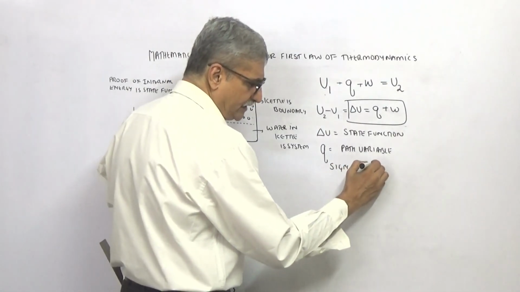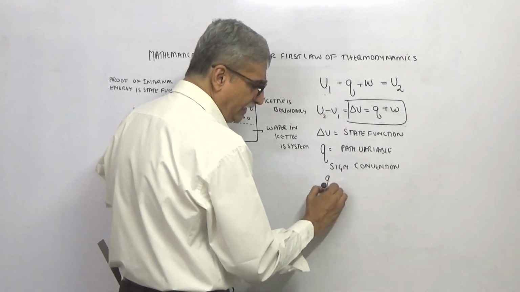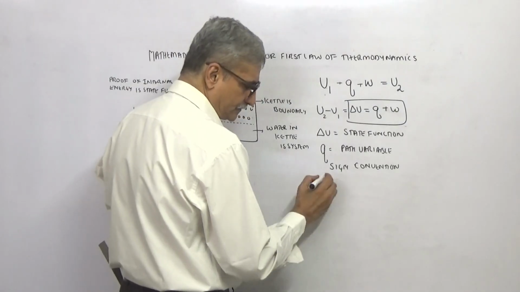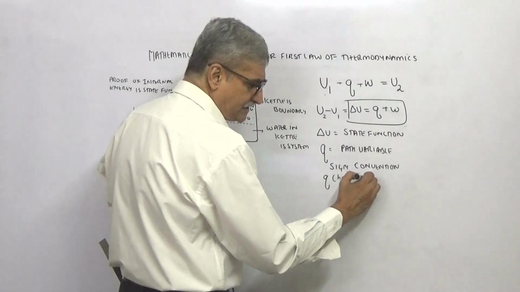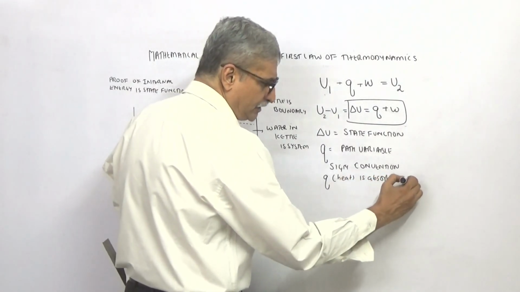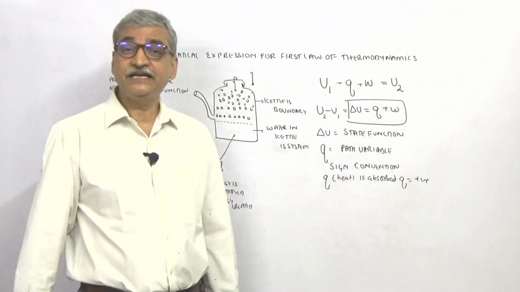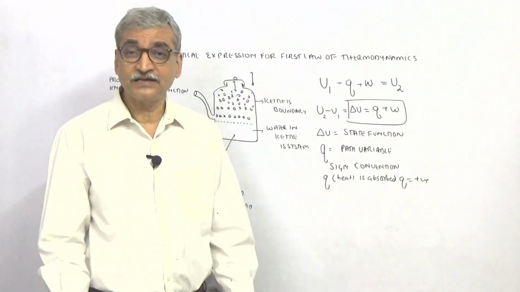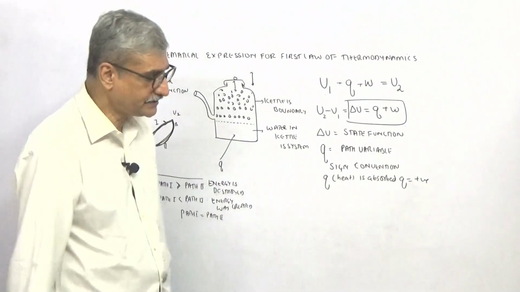If heat is absorbed, then Q is taken as positive. If you just say heat, I have to ask you, is heat absorbed or heat evolved? In both cases, the values have a plus sign or a minus sign, path dependent.